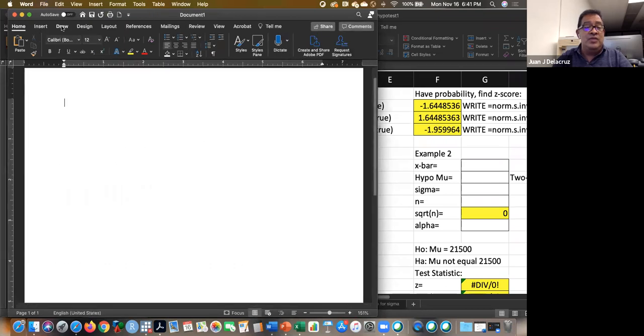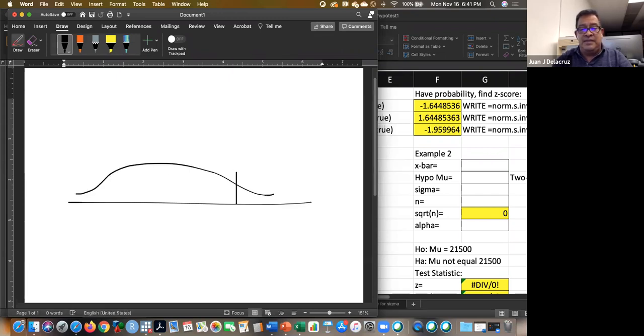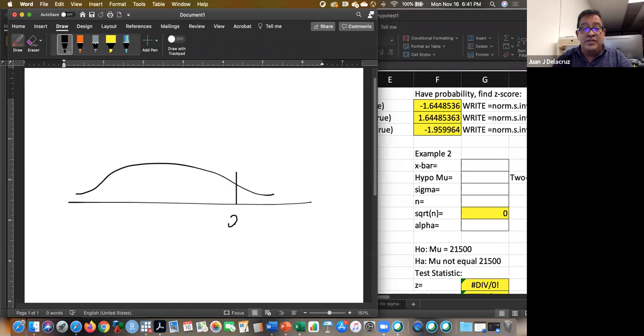So we can do the following. If we have an area under the curve, sorry for the bad drawing, and the C-score is 2.14, so this is a positive C-score.